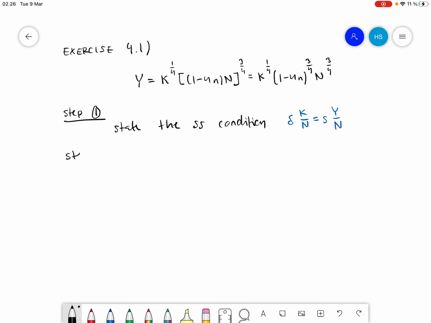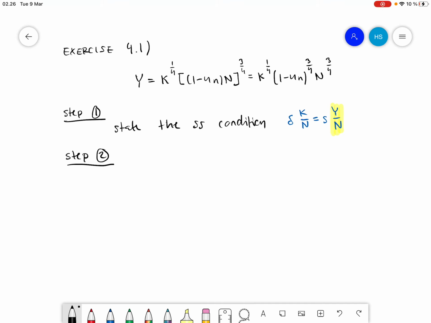Now, step number 2. What we would like to do now is compute the capital stock per worker in steady state, but in order to do this, we have to replace the output per worker in the steady state condition.